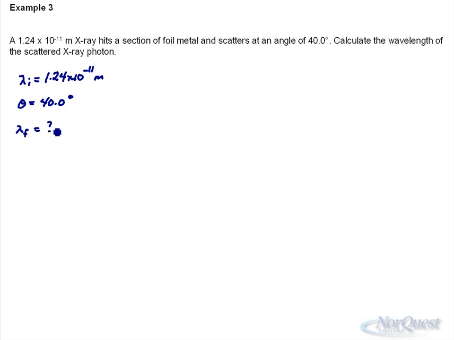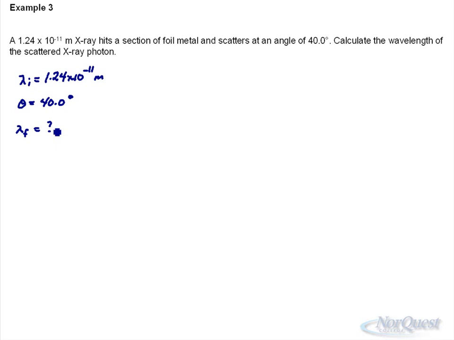So this is the example that I was showing some diagrams of. The X-ray comes in, hits the electron, the electron moves off at some angle, and the photon, the X-ray, moves off at some angle. As a result of losing some energy, a longer wavelength is what's giving the particle nature of light.